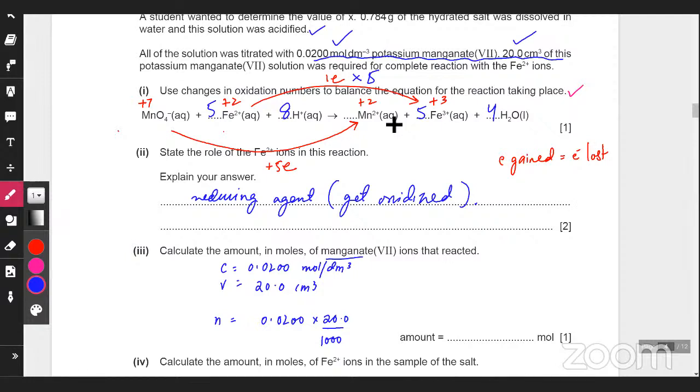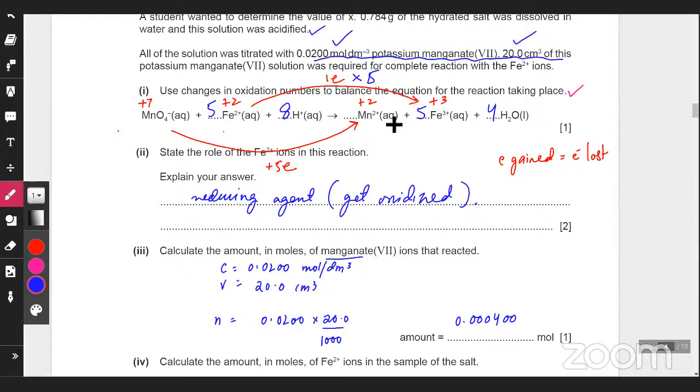It's 0.02 multiplied by 20 and divided by 1000. So that gives me 0.000400 moles. Okay, remember, if your values are accurate up to three significant figures, your answer should be accurate up to three significant figures as well. So make sure you add the two zeros at the end.